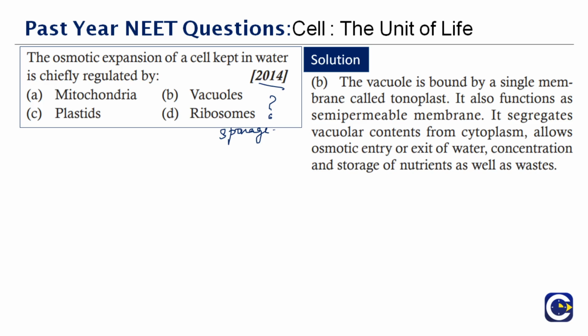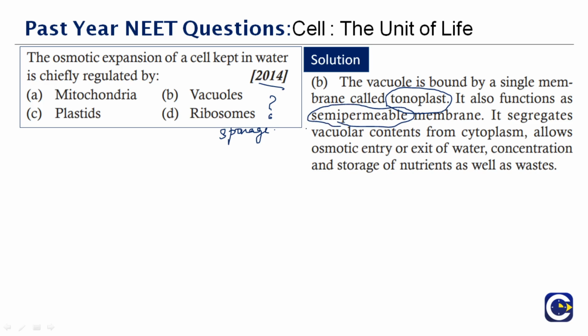Okay, the example I think made it clear. Now this vacuole is bound by a single membrane which is called tonoplast. It also functions as a semi-permeable membrane. What do you mean by semi-permeable?